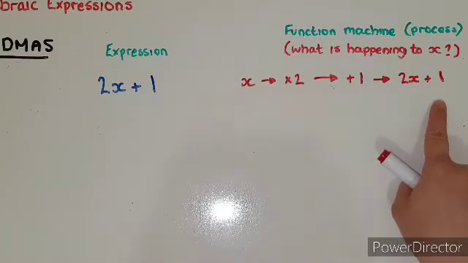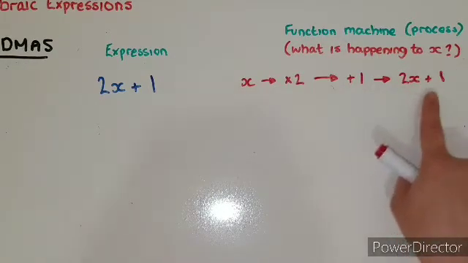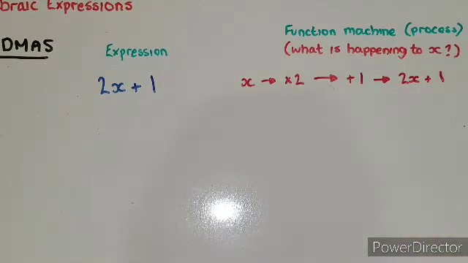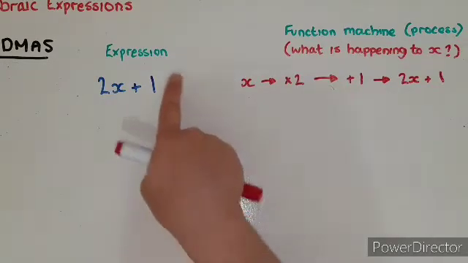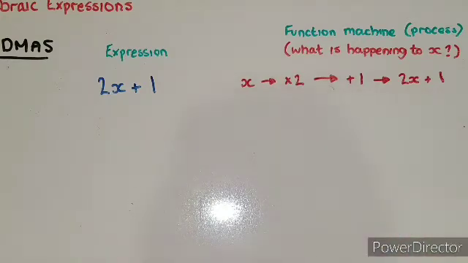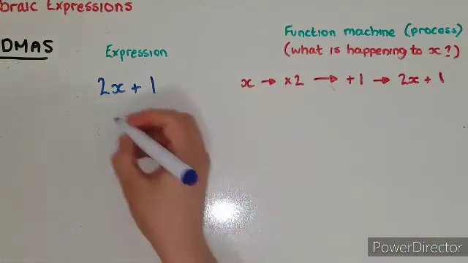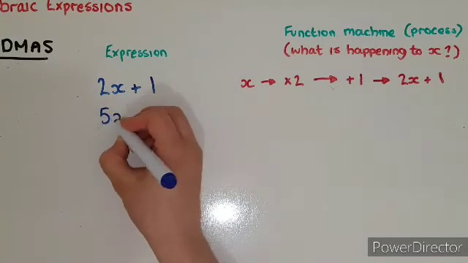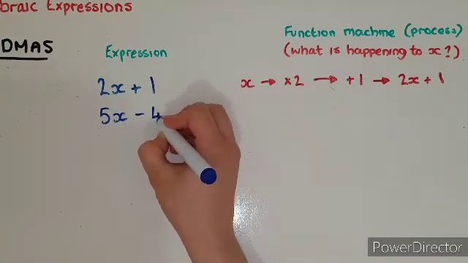Now when we go to solve equations, we're going to look at an expression and see how we can undo it. So it's really important we can understand what an expression means, so what processes are involved in an expression.